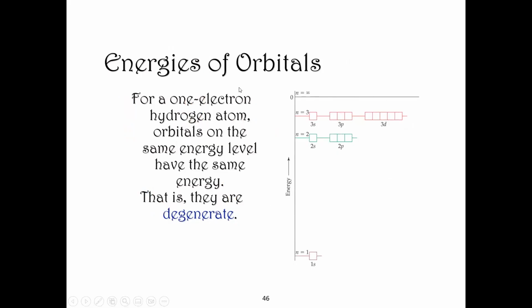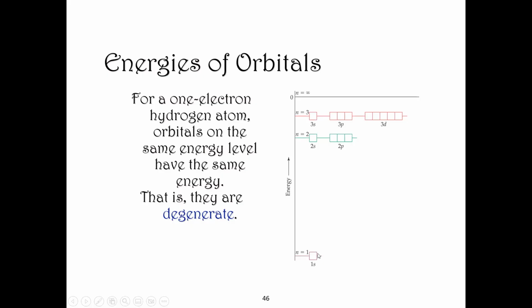And then with these orbitals, if we were looking at something like a hydrogen atom, where it just has that single electron, we would just have that one in the s orbital. And if we excited that electron, we could promote it to a higher energy level. Eventually it would relax and emit that energy again, like we talked about in the previous section.